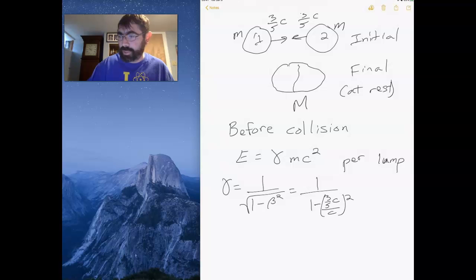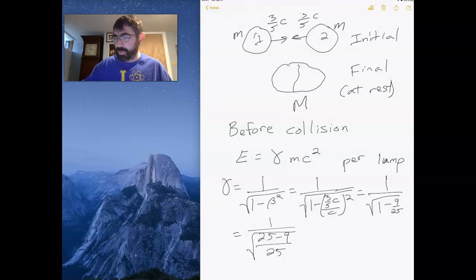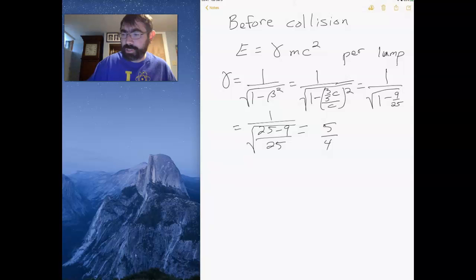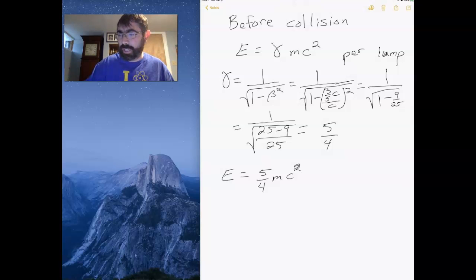In the end, what you get is 1 over the square root of 1 minus 9/25, which works out to be 1 over the square root of (25 minus 9) over 25, or essentially 5/4. Therefore the energy of each lump of clay is 5/4 mc squared.